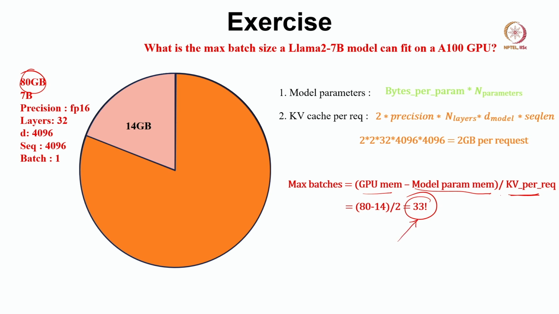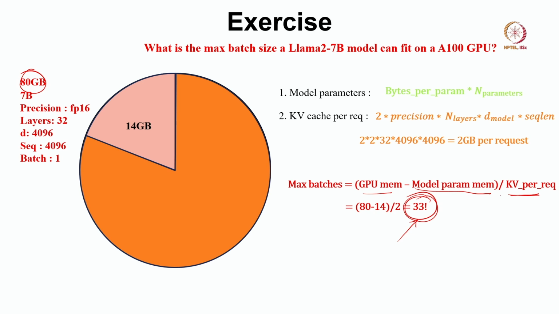Not because the GPU does not have enough compute, but because it does not have enough memory. We can always think that these machine learning models are compute bound and need huge compute, but actually we need more and more memory. In this state of the art GPU with this high amount of memory, you can only sustain 33 batches, or 33 requests.